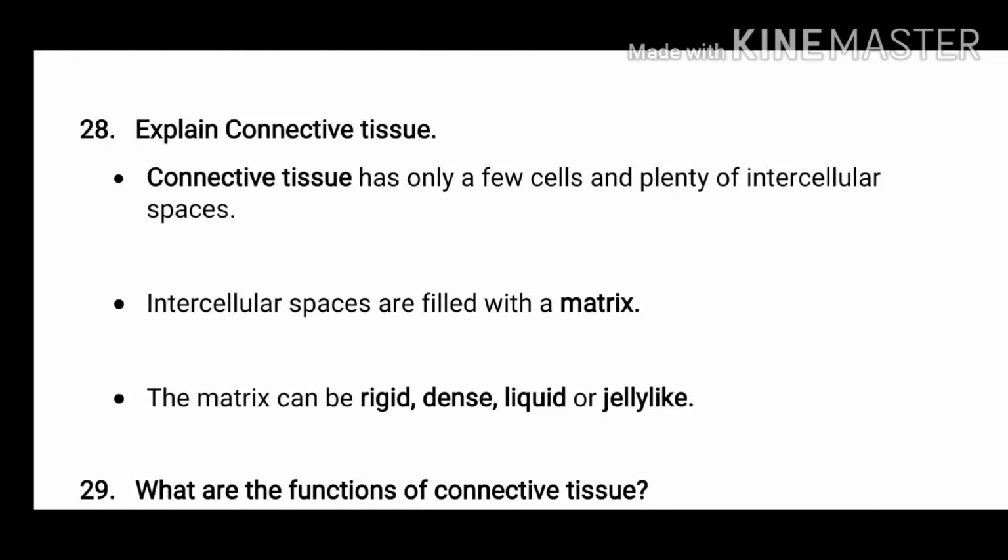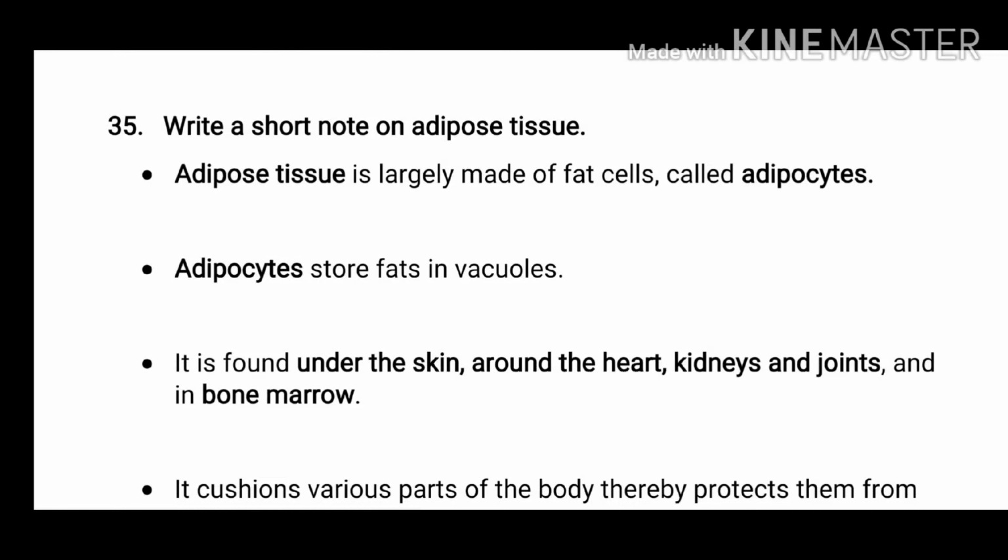Next question. Write a short note on adipose tissue. Adipose tissue is largely made of fat cells called adipocytes. So adipocytes are nothing but fat cells. What is the function of these adipocytes?